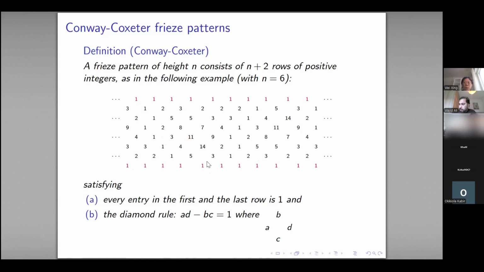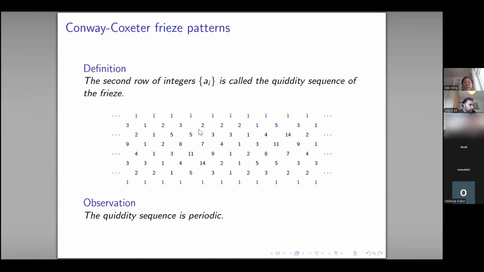Conway and Coxeter studied these patterns and tried to give a classification. Because of the diamond rule, if the second row is fixed, then by applying the diamond rule, we can get all the other entries. So the second row of this strip is called the quiddity sequence of the Frieze.